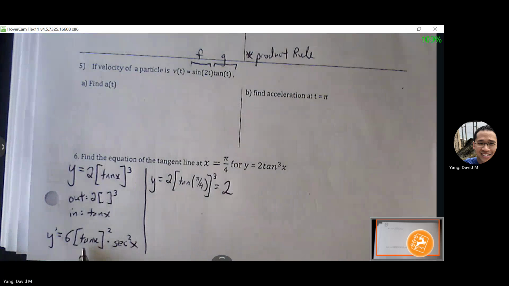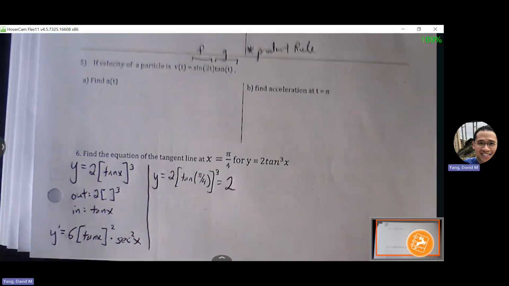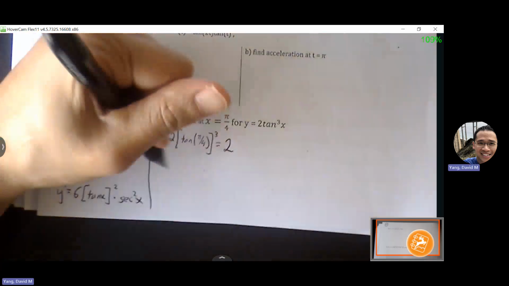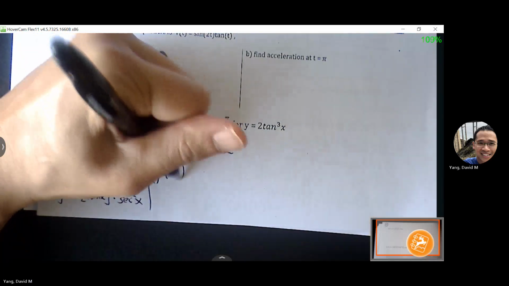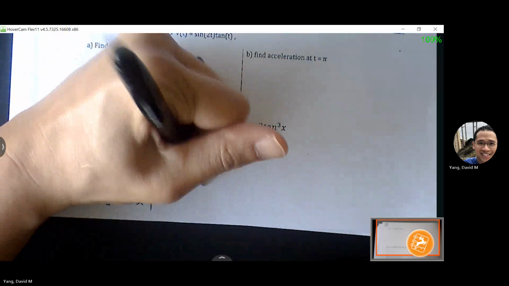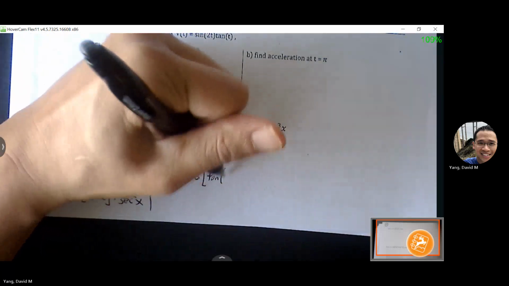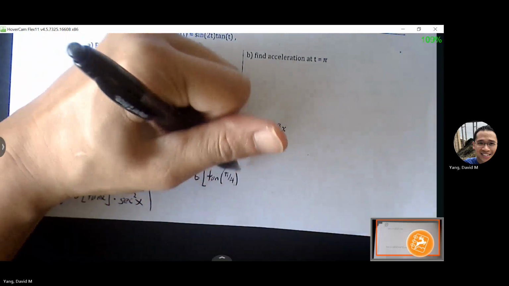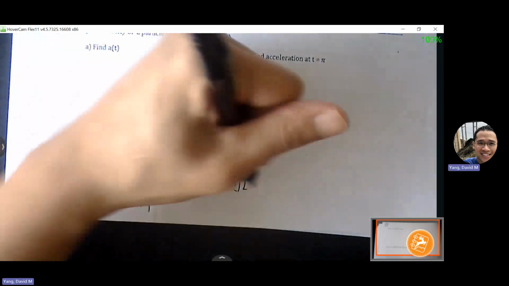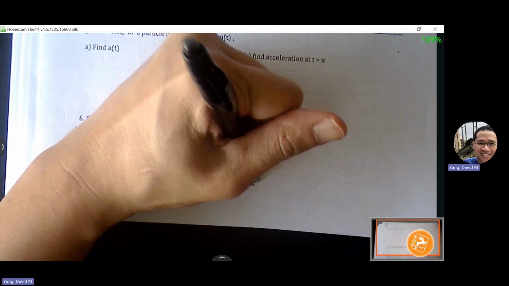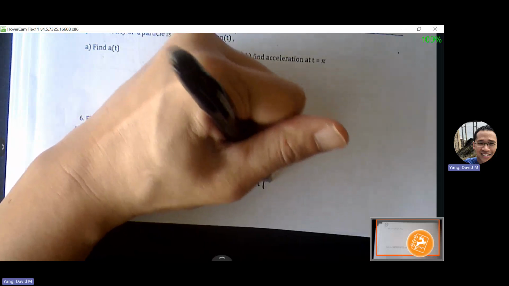Okay. Now let's plug in pi over 4 for our derivative to get our slope. I'm going to put that secant out instead of parentheses too, as I'm evaluating, makes it easier.